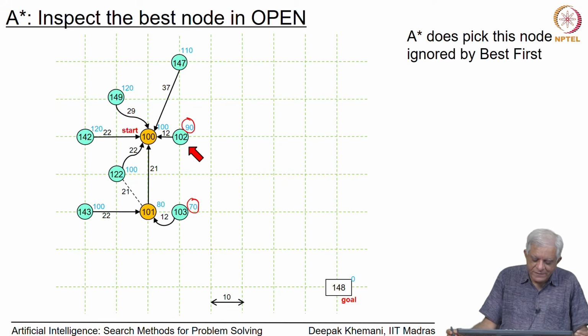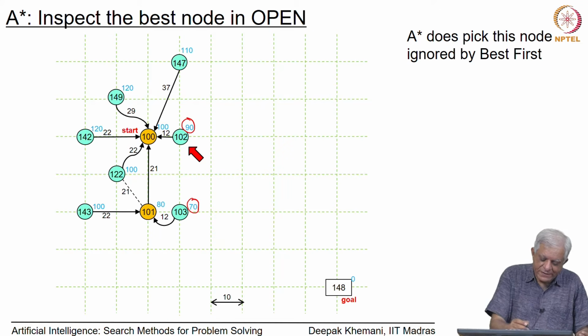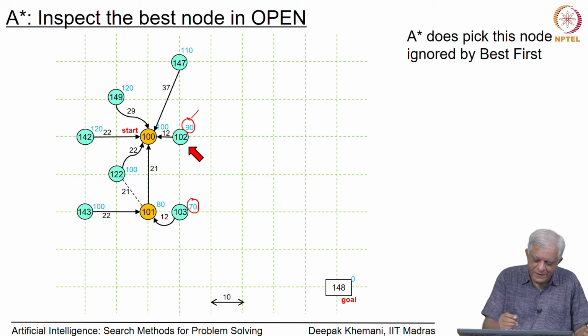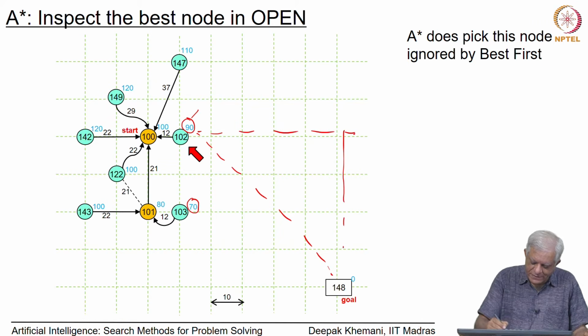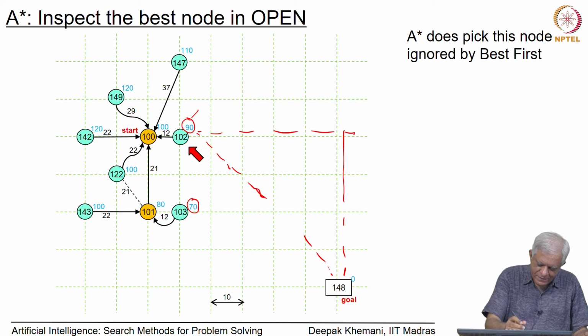But A star has been able to recognize the fact that even though the estimated distance of this node to the goal node is 90, in fact, it is a Manhattan distance. So, you should draw it like this and not like this. And the estimated distance of this is 70.